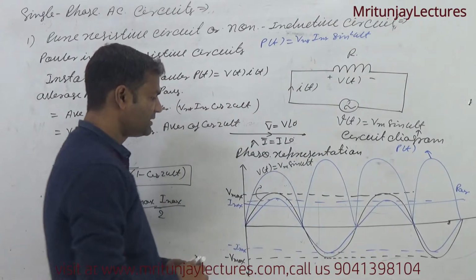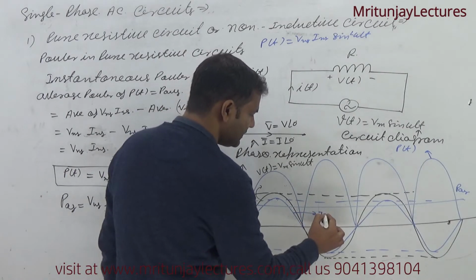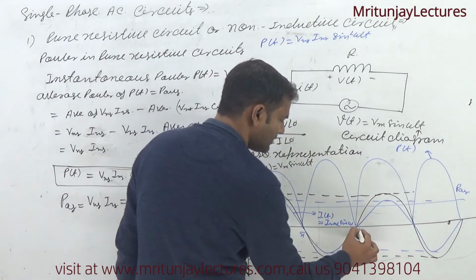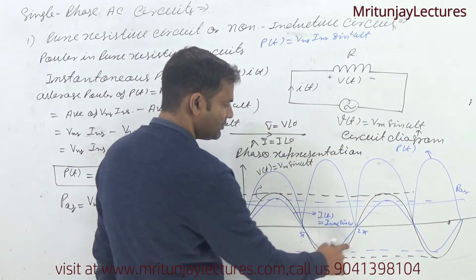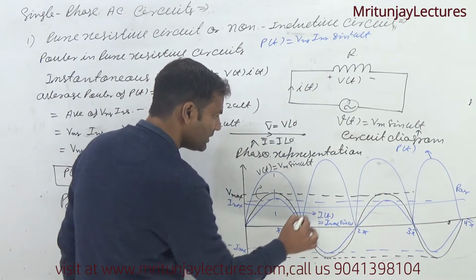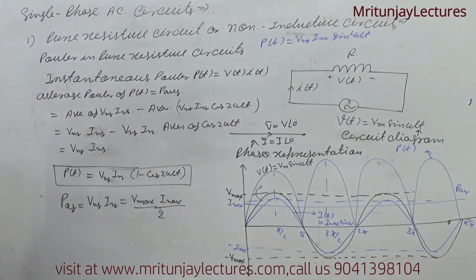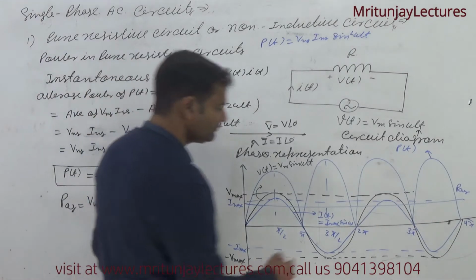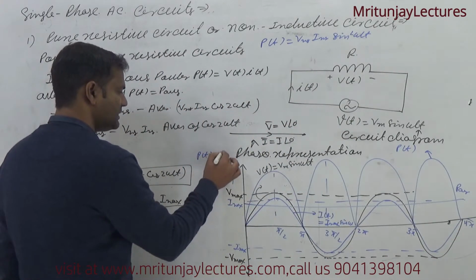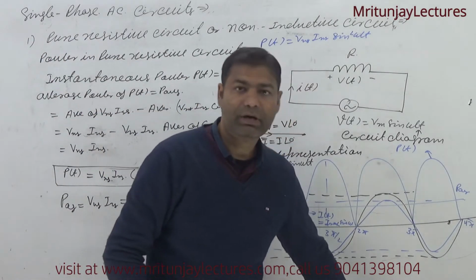So make Pt like this, and this graph is It equal to Imax sin omega t, with pi, 2 pi, 3 pi, 4 pi, and here pi by 2, and here 3 pi by 2. Here we represent Pt, Vt and It.